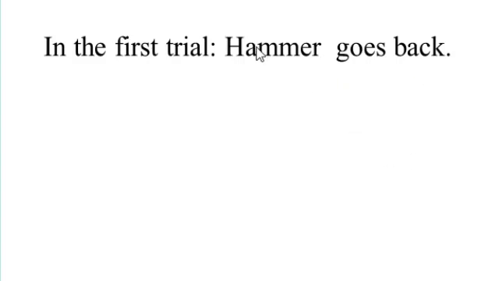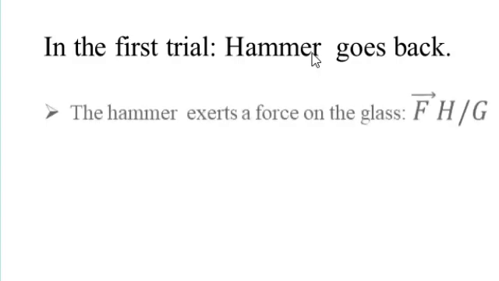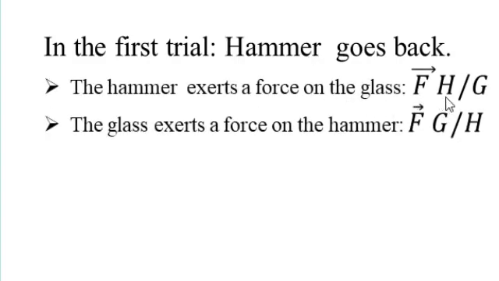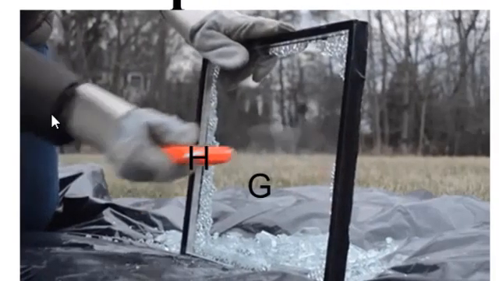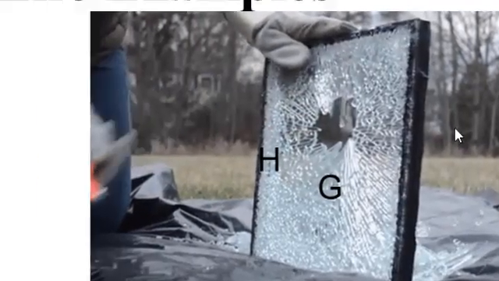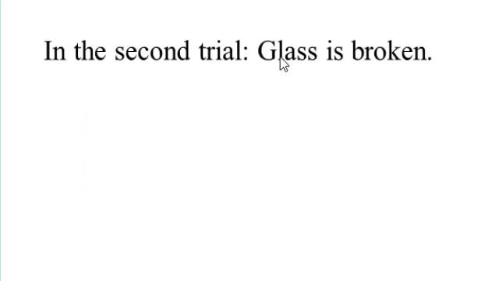If you want to write the names of the forces of interaction between the hammer and the glass, we can say that the hammer exerts a force on the glass, H for the hammer and G for the glass. So the glass exerts a force on the hammer, switching roles. But concerning the second trial, right now, we can say that the glass is broken.